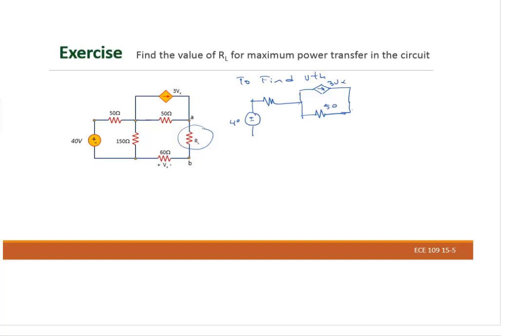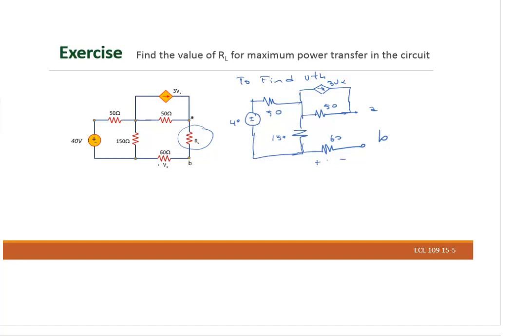We will have this one here, 50 ohms, and this is empty right there. We have also output right there, another resistor, and we have also this resistor right there. This is the A, this is the B, this is 60 ohms, this is 150, this is 50 ohms.